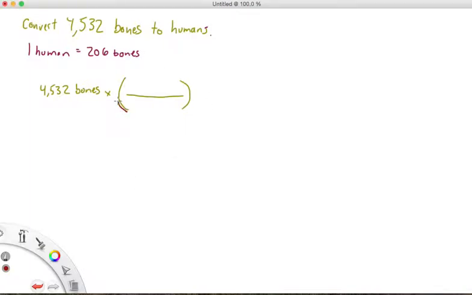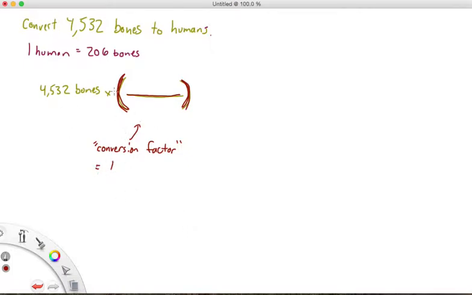Whatever goes in there, I'm going to call it, in quotes, a conversion factor. And whatever this conversion factor is, it's always going to equal 1. It always equals 1. Let me tell you what I mean by this.